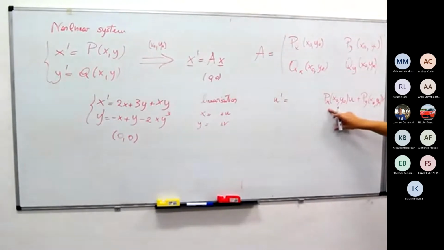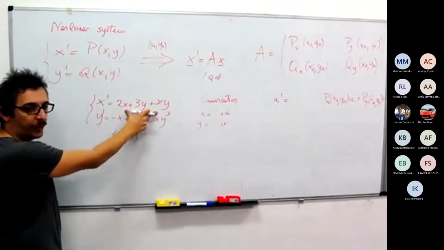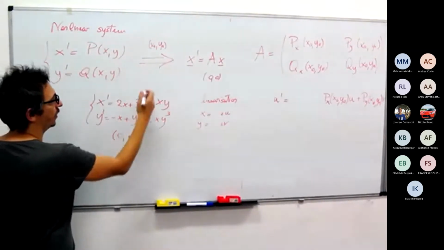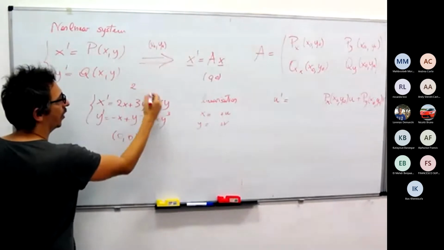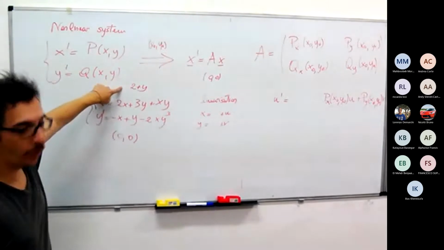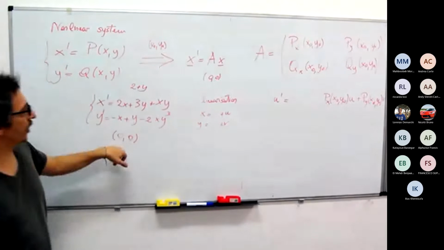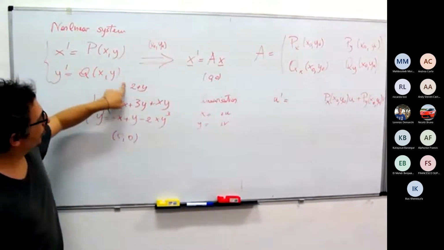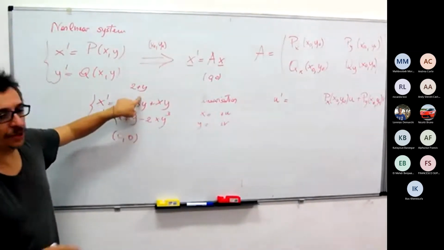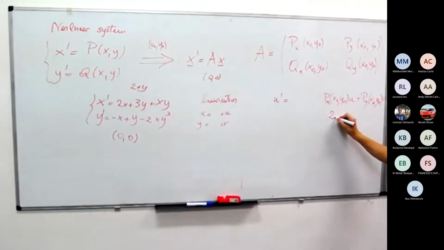Now, the derivative of p with respect to x. What's the derivative of p with respect to x? It is the derivative of this quantity with respect to x. So it's 2 plus y. And I have to evaluate 2 plus y in the critical point, which is 0, 0. So y is equal to 0. So 2 plus y is 2 plus 0, which gives me 2. So this term here can be written as 2 times u.